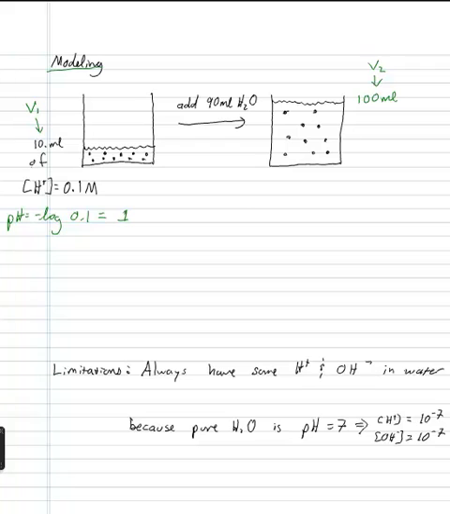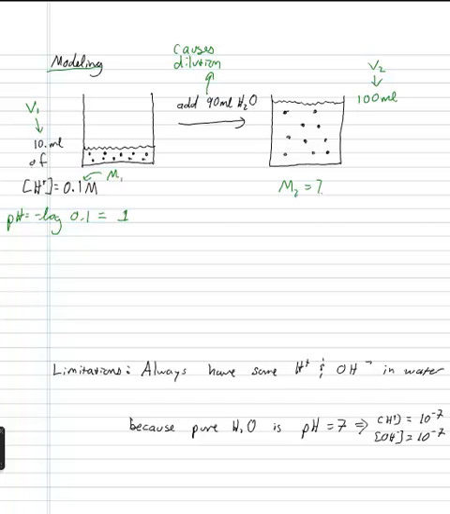So the process of dilution is just adding more solvent, and adding more solvent causes the dilution. I want to know what my final molarity is going to be. I know my initial molarity is M1.